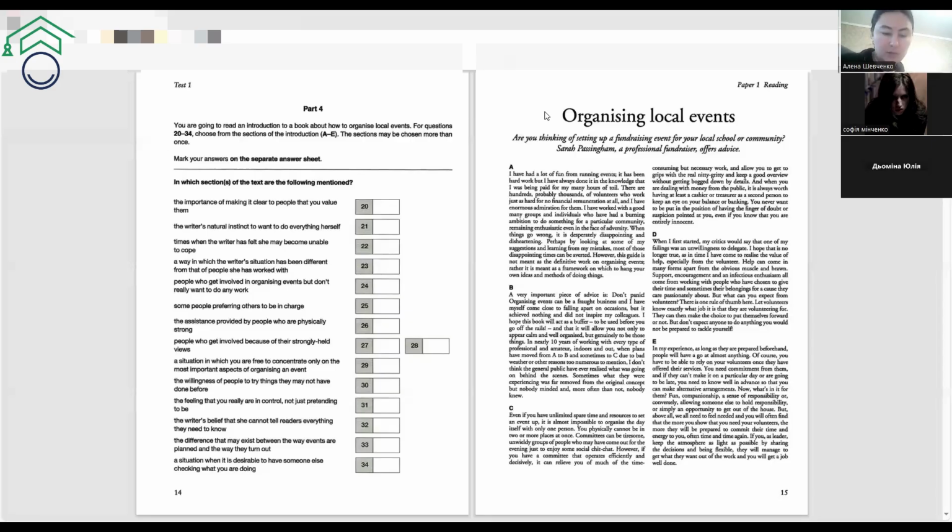Then I will ask you to look at number 31. So here we speak about the feeling that you really are in control, not just pretending to be. So where is the part of paragraph B where we find out about the feeling that you really are in control, not just pretending to be?